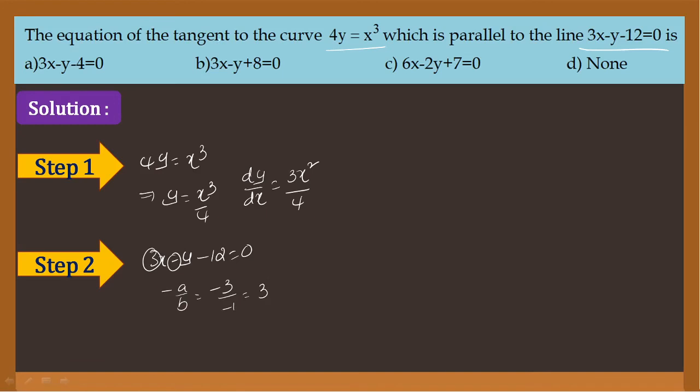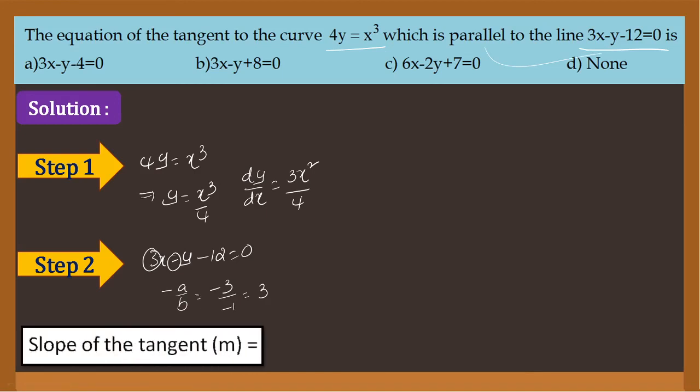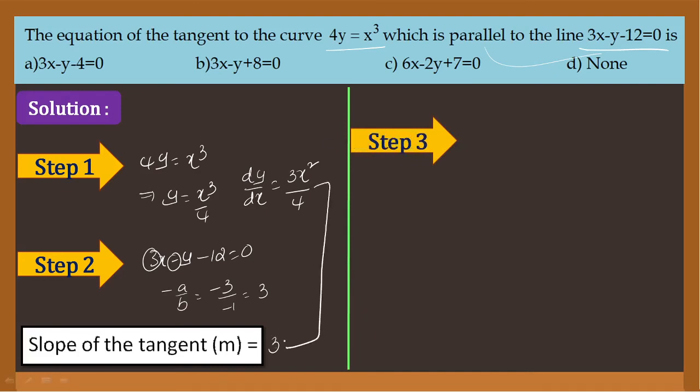Given equation of the tangent to the curve which is parallel to the line. So slope of the tangent and slope of the line both are same. So slope of the tangent is equal to 3. Now find the point of intersection. So equating these two, 3x square by 4 = 3.